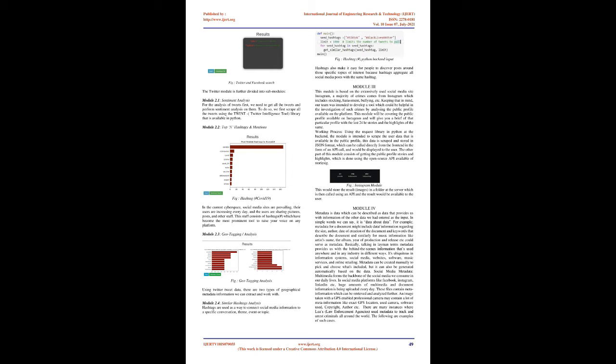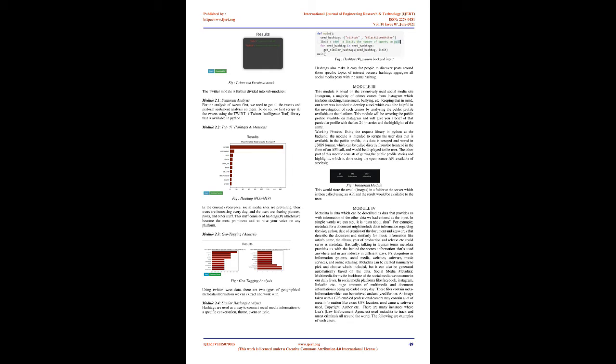In the current cyberspace, social media sites are prevailing, their users are increasing every day, and the users are sharing pictures, posts, and other stuff. This stuff consists of hashtags, which have become the most prominent tool to raise your voice on any platform. Hashtags also make it easy for people to discover posts around those specific topics of interest because hashtags aggregate all social media posts with the same hashtag.